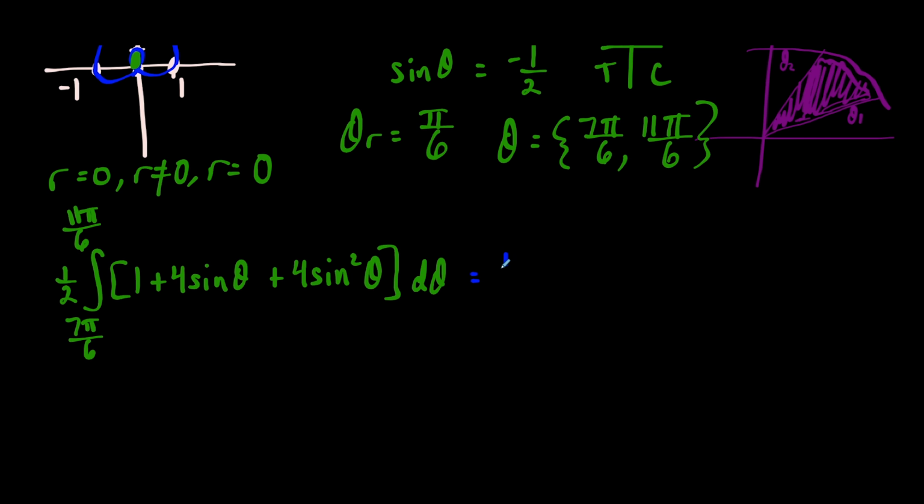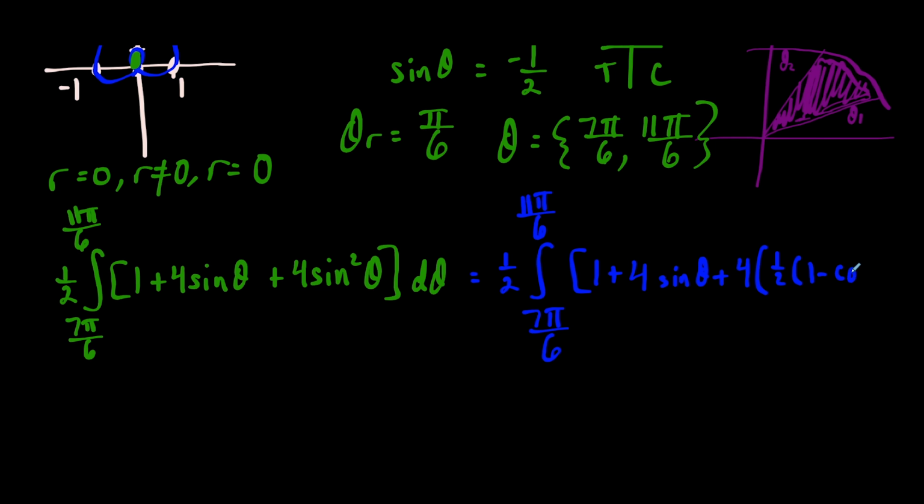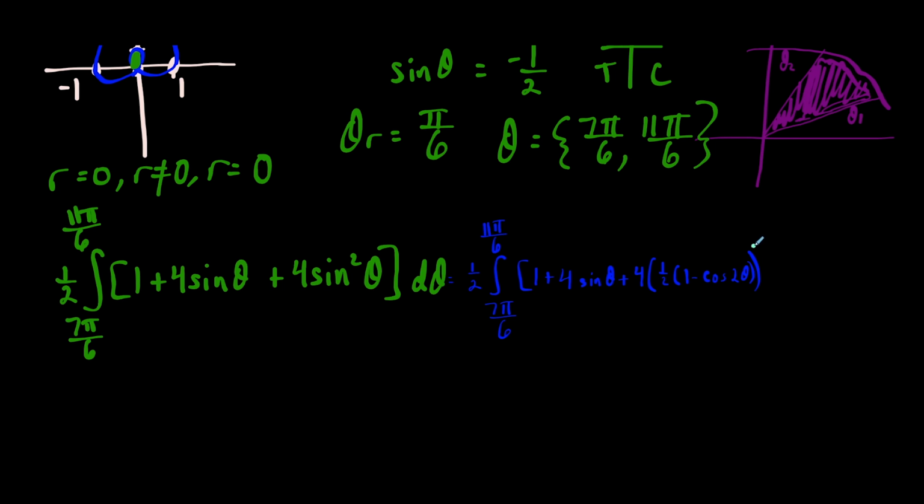So we have 1/2 the integral from 7 pi over 6 to 11 pi over 6 of 1 plus 4 sine theta plus 4 times 1/2, 1 minus cosine 2 theta, d theta.